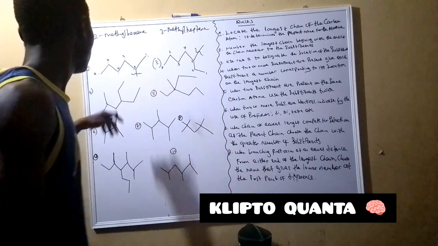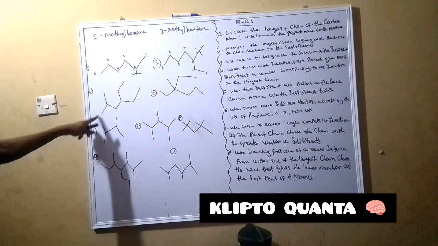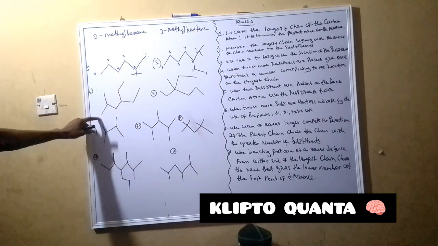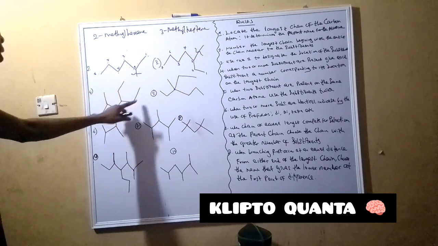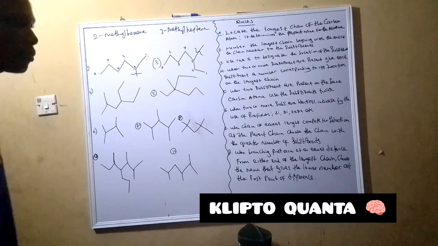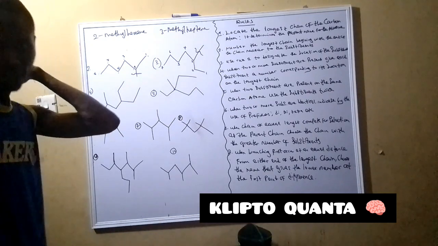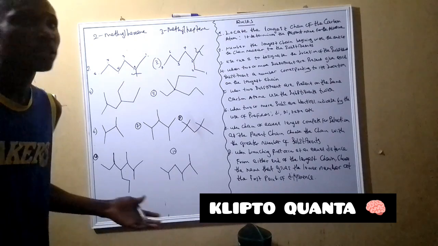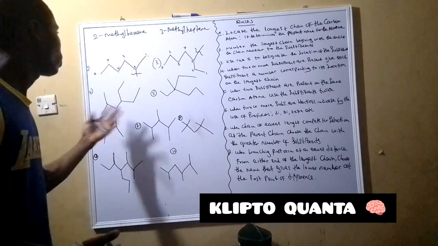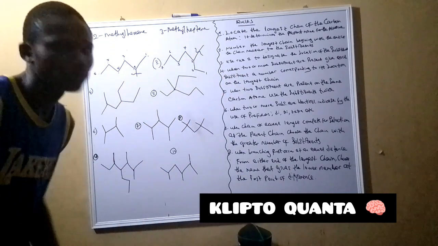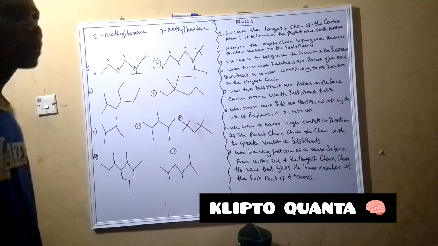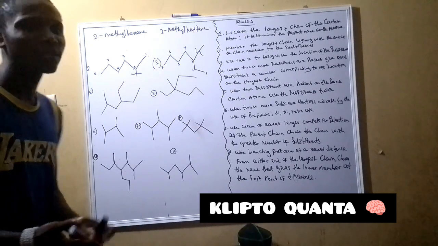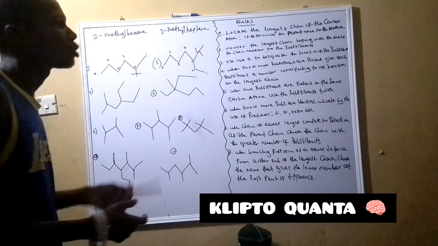Then the fourth one, now let's count the fourth one. I have 1, 2, 3, 4, 5, 6, right? I also have 1, 2, 3, 4, 5, 6. Now in this case, I can actually choose any, simply because I don't have any choice. They are both at the same level. Now, guys, there's something you have to note. People do misquote the ranking of substituents.